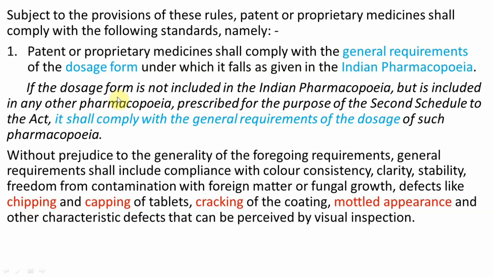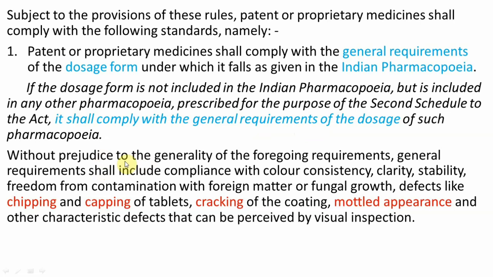Namely, first, it shall comply with the general requirements of the dosage form under which it falls as given in the IP, that is Indian Pharmacopoeia. If the dosage form is not included in the IP, but it is included in any other pharmacopoeia prescribed for the purpose of the second schedule to the Act, it shall comply with the general requirements of the dosage form of such pharmacopoeia.